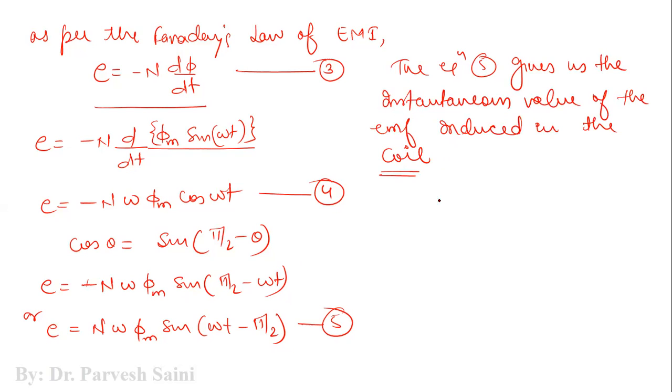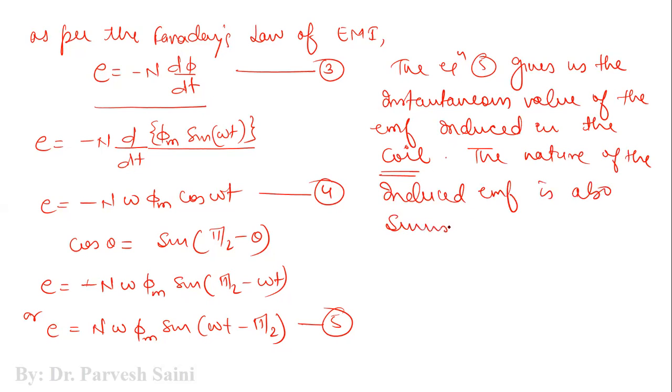Now as you can see here, the nature of this induced EMF is also sinusoidal. It is easily observed, depicted from equation number 5. So it is a sinusoidal EMF which is induced in the coil.